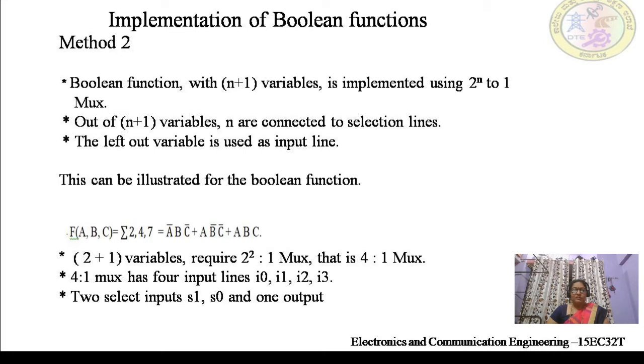So 2 plus 1 variables require a 2 to the power of 2 to 1 mux, that is 4 to 1 mux. That means we can implement the same expression by using a 4 to 1 mux. And already you know a 4 to 1 mux has 4 input lines, that is I0, I1, I2, I3, two select inputs S1 and S0, and only one output line.